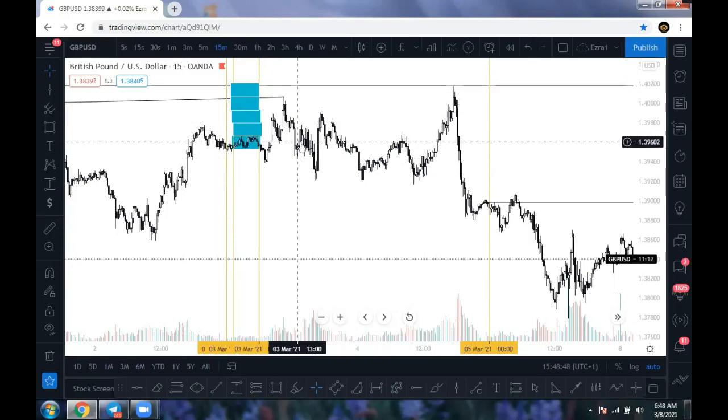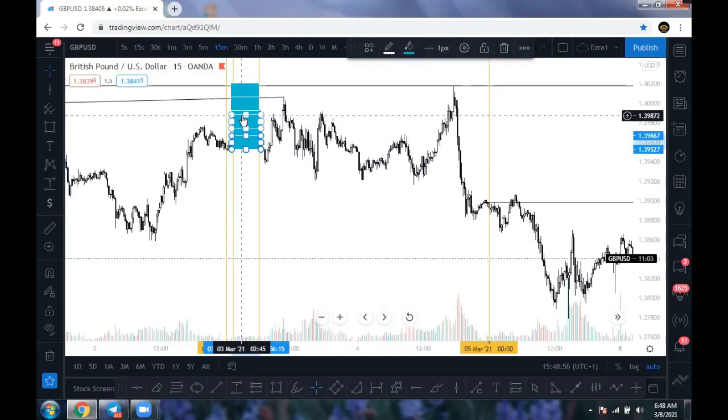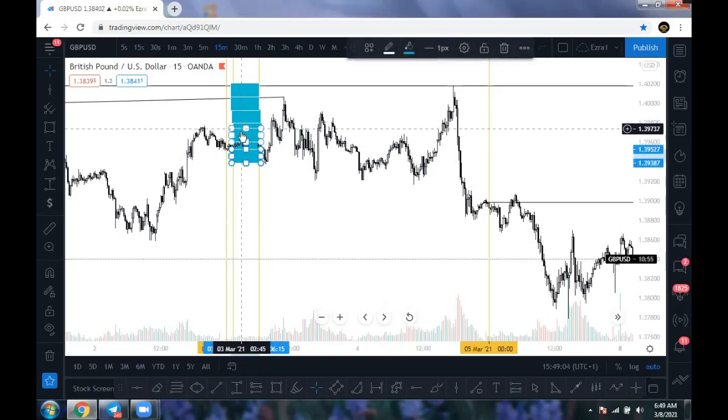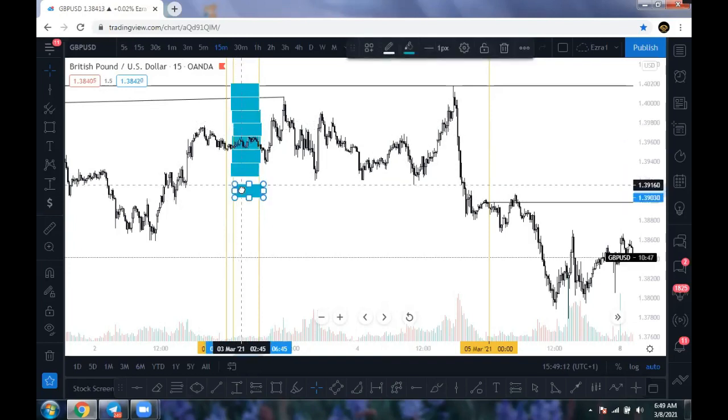So the market gave us a little manipulation to the upside before this sell move. If you calculate it to the downside, it's the same thing. 1, 2, 3.